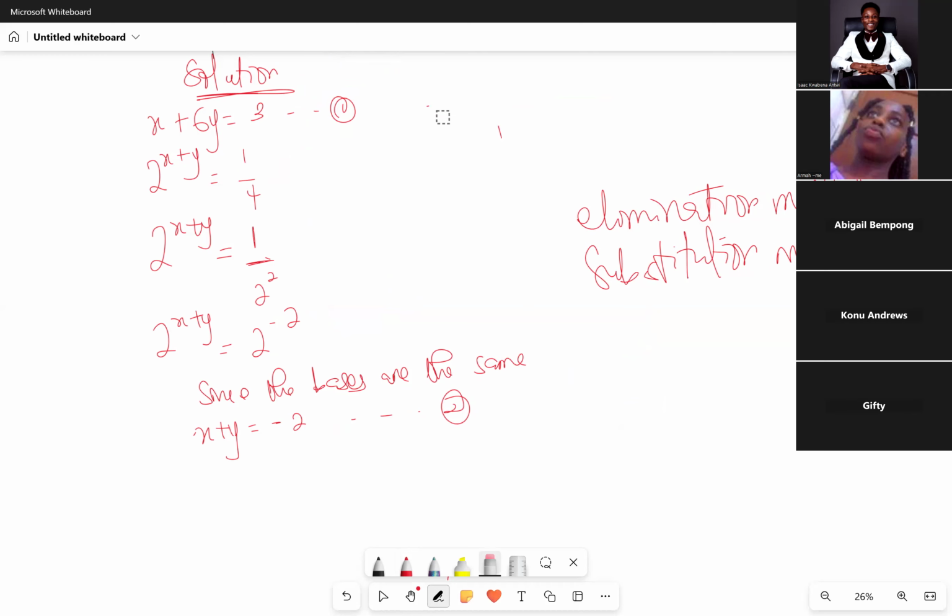And to solve simultaneously, there are two methods. That's what I've told you. Let me use elimination. It looks easier. Elimination means doing away with one of the variables, making it zero, so it appears like it's no more. Then you're able to solve for the other.